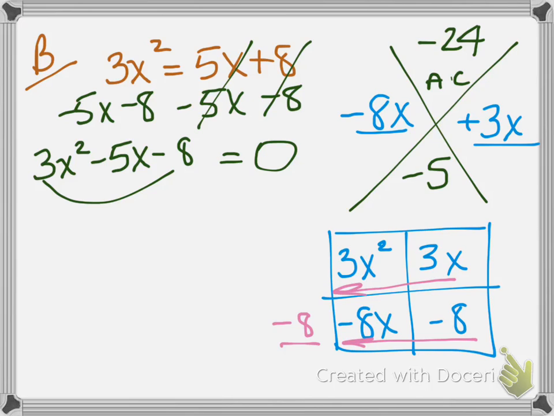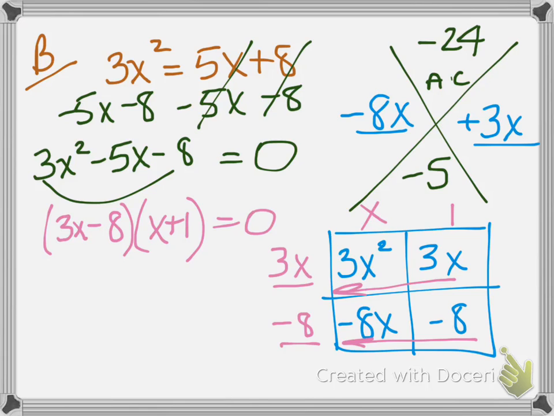And factoring out of 3x squared and 3x is a 3x. So 3x times x is x squared, and 3x times 1 is 3x. Negative 8 times x is negative 8x, and negative 8 times 1 is negative 8. So the factored form here would be 3x minus 8 times x plus 1 equals 0.